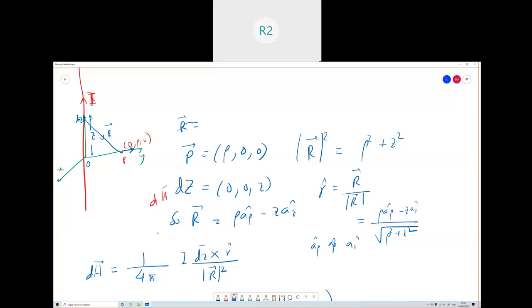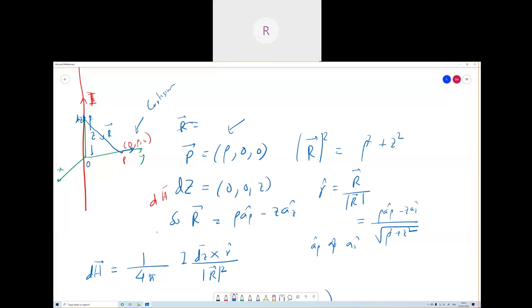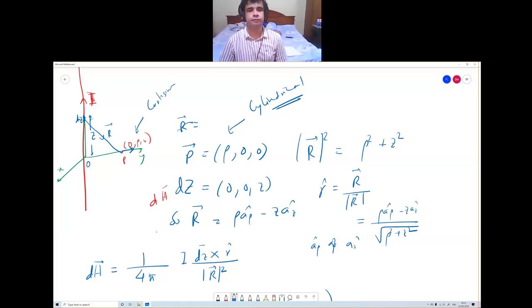Hello, sir. Yes, tell me. Sir, in the graph, the rho value is 0, rho 0. Okay, this is in Cartesian, and this is in cylindrical. Yes. Okay, sir.